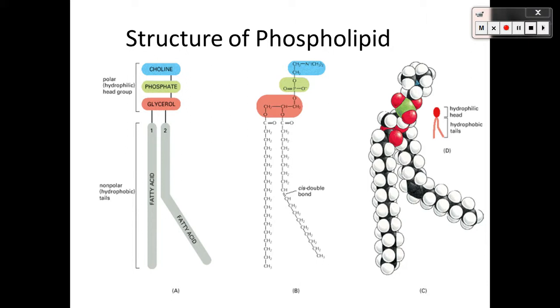I just want you to see how we're getting this shape from the way that the molecules are structured. And then part C is what we call a filled-in ball and stick model, where you can see all of the molecules being represented here. But this structure looks very similar to what I think about Gumby or something like that. If we were to fill in all of picture B and put it in as little circles and sticks and whatnot, this is what it would look like in image C.